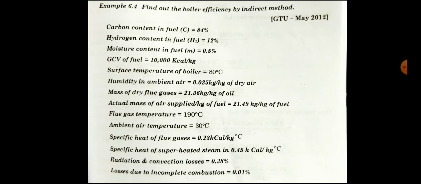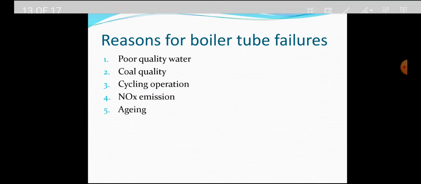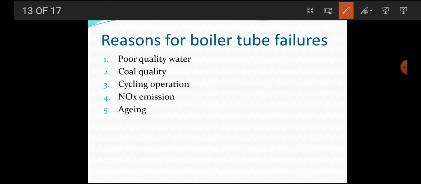The next topic is reasons for boiler tube failure, that is, why the tubes of a boiler fail. Below are the reasons. First is poor quality water.